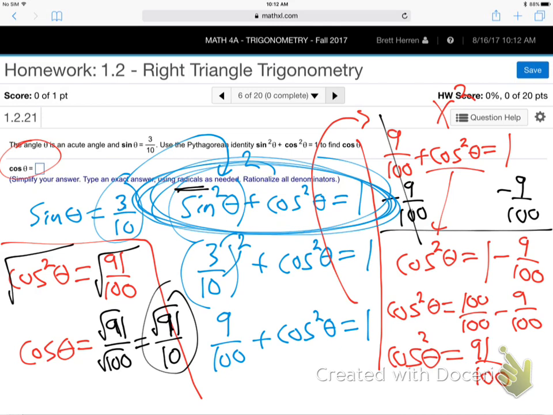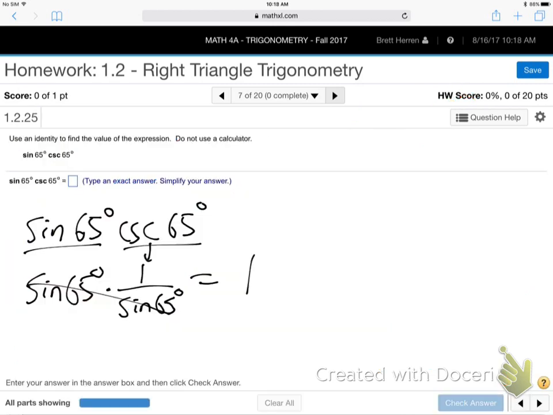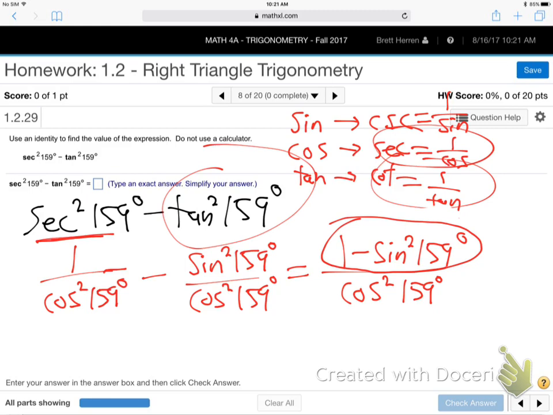You just want to know it like you know your name. You just want to know it automatically, instantaneously. Sine squared plus cosine squared is 1. So what does that mean? Well, let me just go s squared, just make it simple. S squared plus c squared is 1. What that means is, if I subtracted the sine squared from both sides, I would get cosine squared is 1 minus sine squared.